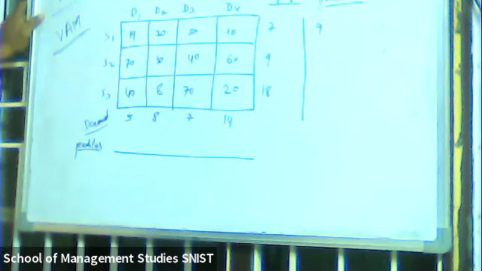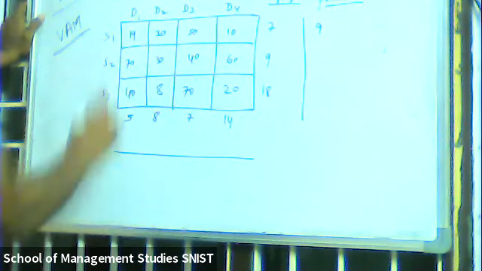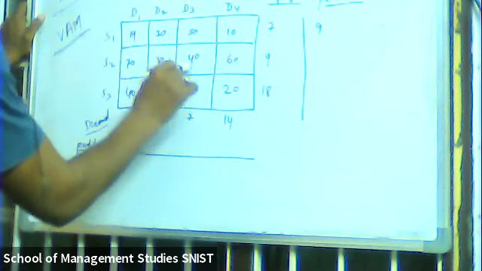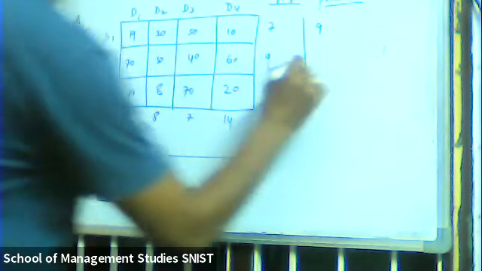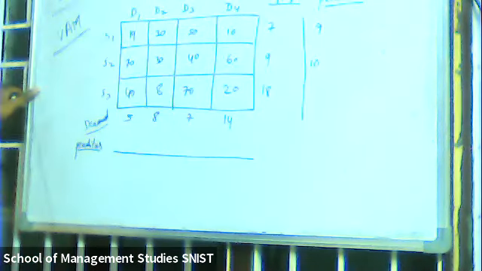Now can any one of you tell me the second row penalty? We have values 70, 30, 40, 60. Which one is the least value? 30, and the second least is 40. So 40 minus 30, 10. Exactly. Is it clear? Yes, sir.